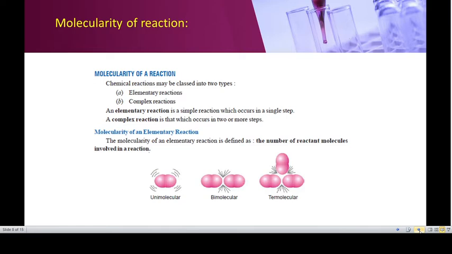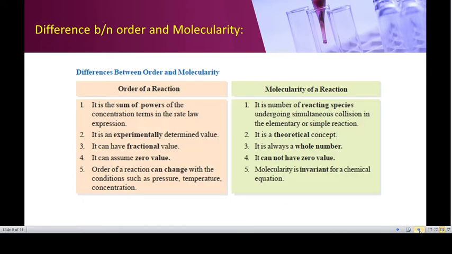If there is one molecule involved in the reaction, then it is unimolecular. If there are two reacting molecules, then it is bimolecular. If there are three reacting molecules, it is a termolecular reaction. So molecularity is the total number of reacting molecules involved in a reaction.